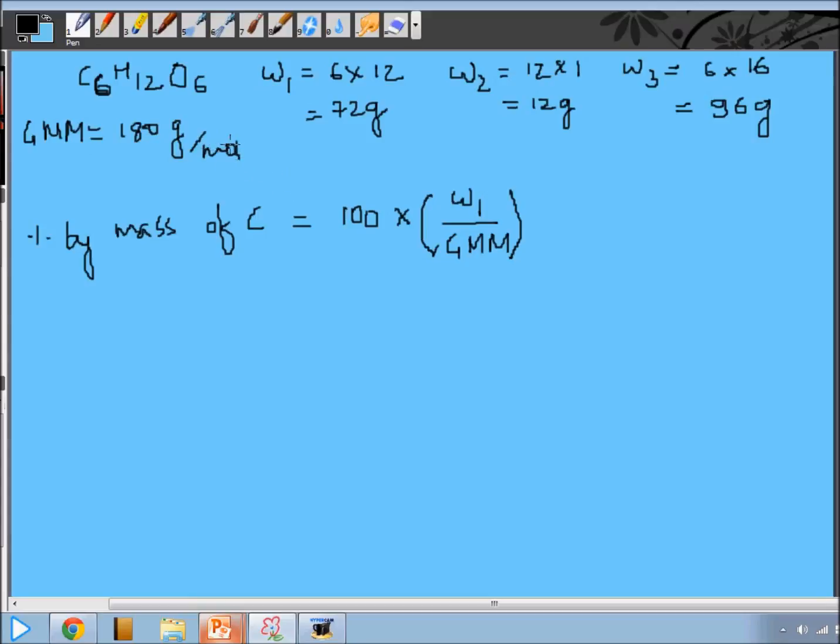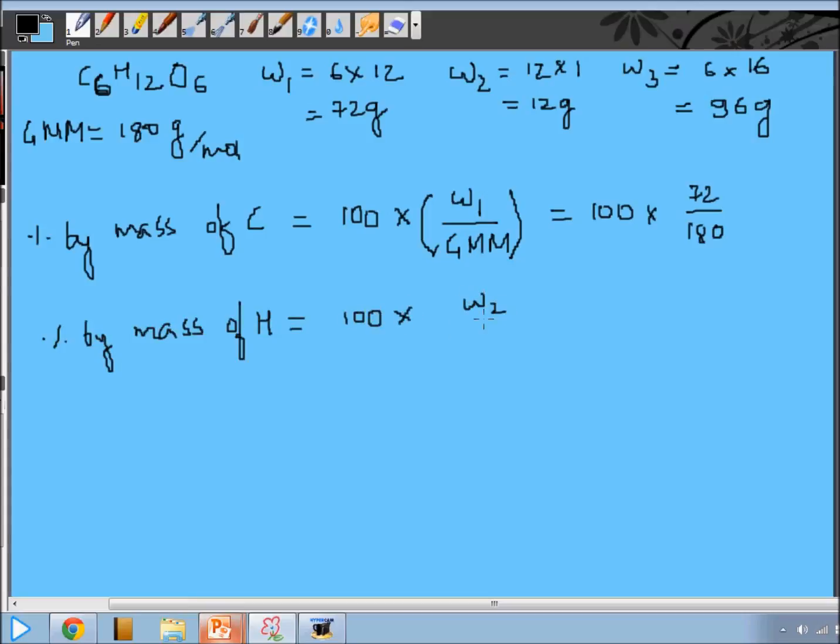So now I just need to substitute the values. So percentage by mass of carbon is 100 multiplied with mass of carbon in the compound, that is 72 gram, divided by total mass of the compound, which is 180. Okay. Similarly, I can calculate percentage by mass of oxygen and percentage by mass of hydrogen. Let's say I first want to calculate percentage by mass of hydrogen.